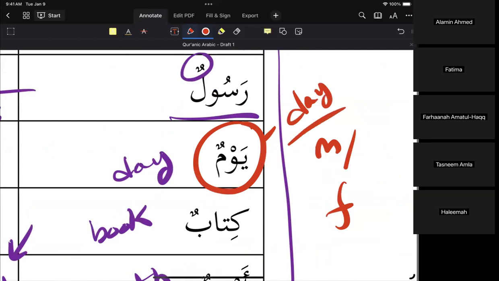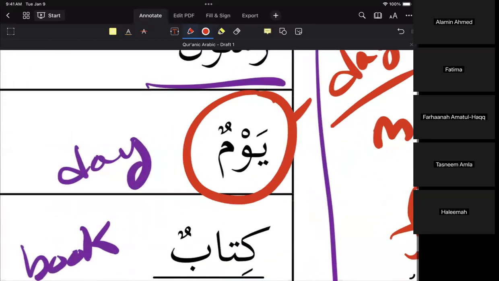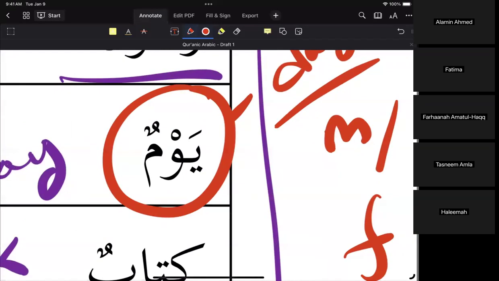Yes, so remember the default: we want to assume the word is masculine, unless we have one of the reasons. Does yom mean some feminine name? No, so that doesn't work.